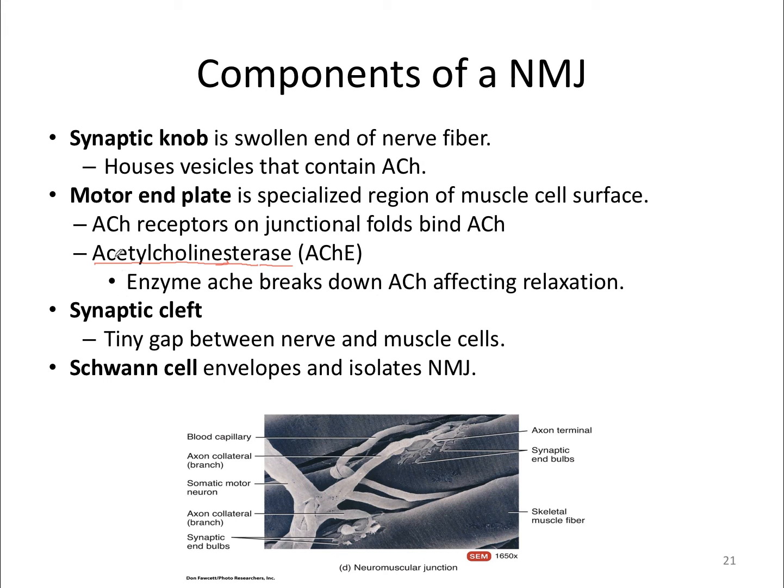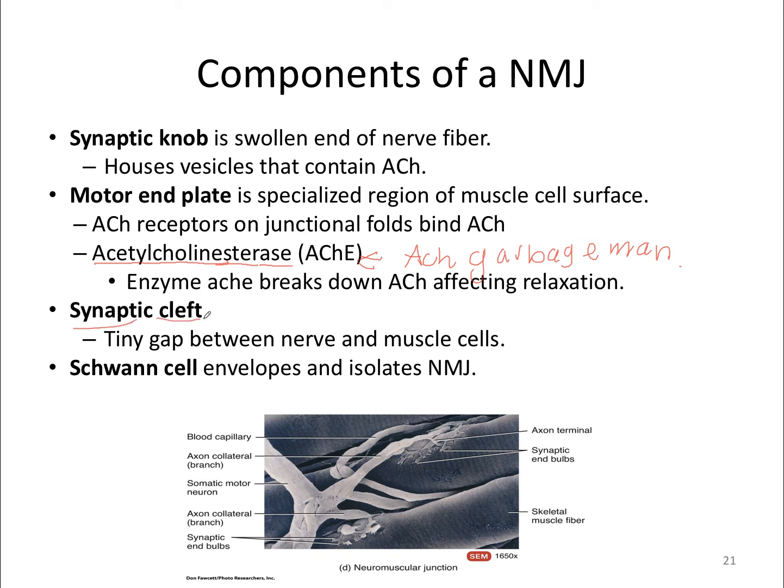So this enzyme, acetylcholinesterase, which we can abbreviate AChE, breaks down leftover acetylcholine in the junction, which facilitates relaxation. So you can think of it as being the acetylcholine garbage man. It comes in and cleans up leftover acetylcholine after contraction is no longer required.